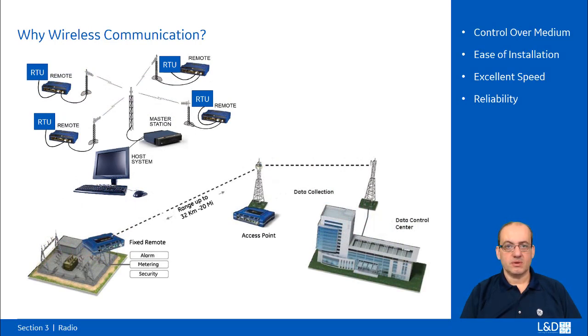The use of wireless transmission carries many benefits. The user has a lot of control over the media and the setup. Speed and ease of installation, with no cabling to run between stations.